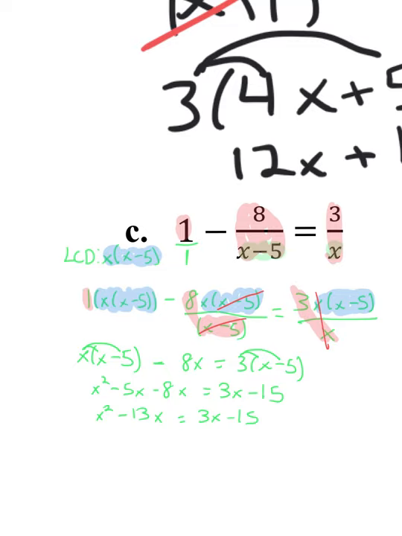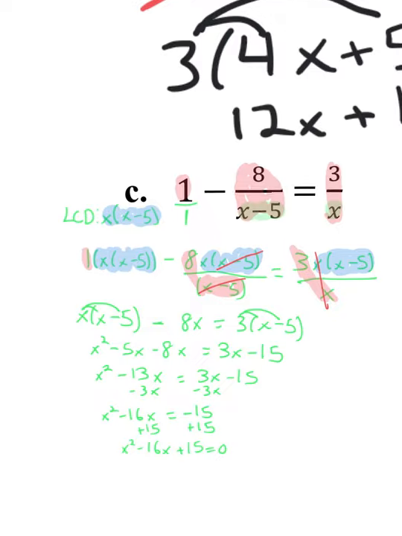X squared minus 13x. So I'm going to get everything on one side of the equation in order to solve this. So I'll start by subtracting 3x from both sides. X squared minus 16x equals negative 15. And then I'm going to add 15 to both sides. X squared minus 16x plus 15 equals 0.